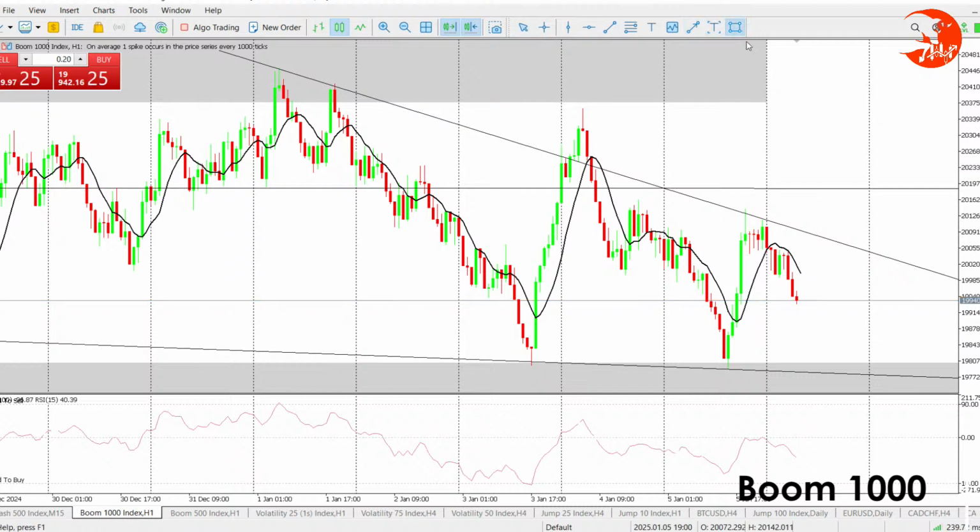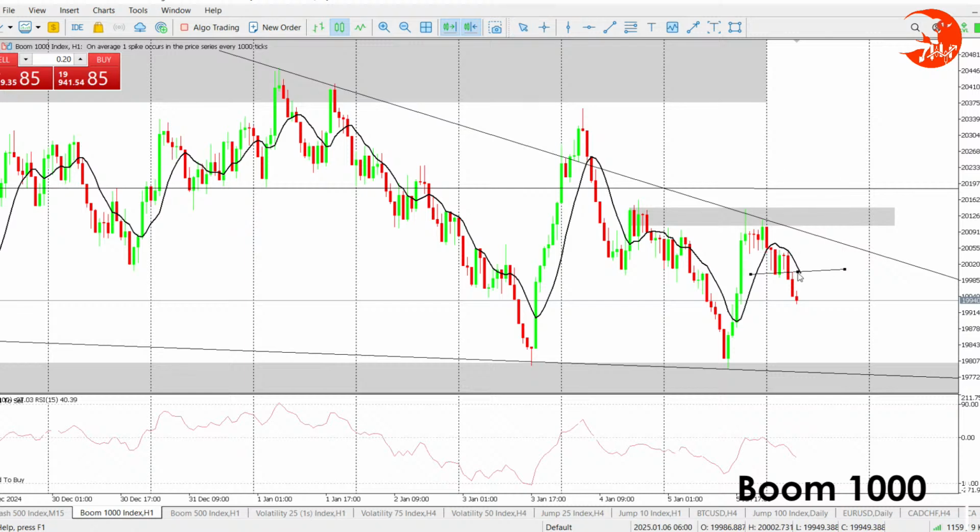But we have to be careful looking at what we had here. When it reached that level, we had some kind of resistance right there. So once we see that, and once we confirm even using our MA, the price is below MA, we see a change of character right here after failing to give us a new high.